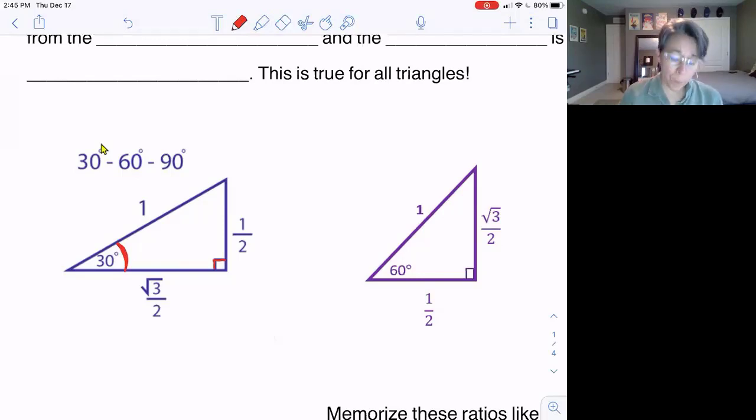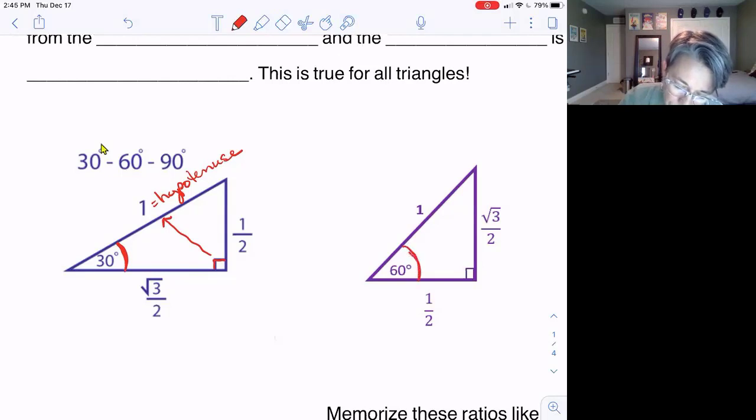And remember, the hypotenuse is always the side across from that 90-degree angle.